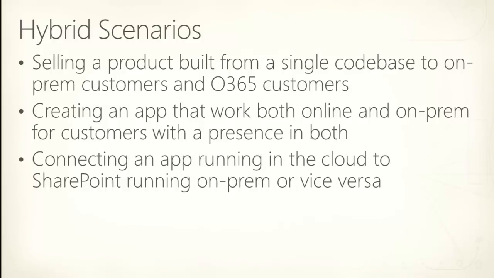And the last is the ability to take an app running in the cloud or an app running on-prem and talk with a SharePoint server that's in the opposite location. So you have an app on-prem and you want to talk to Office 365 in the cloud. That's one form of hybrid scenario. Or if you have an app in the cloud and you want to talk to SharePoint on-prem, that's another form of hybrid scenario.